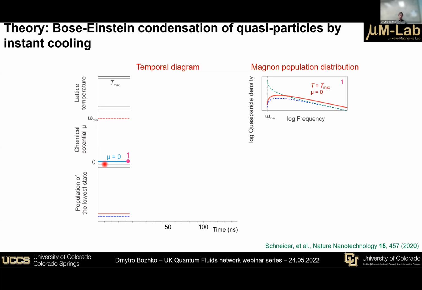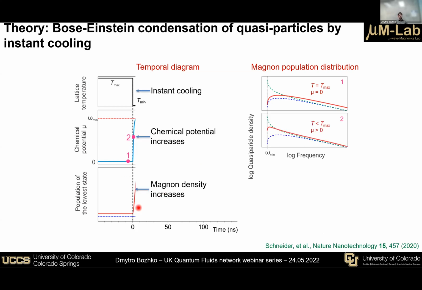So at the zero moment of time and during the stable temperature period, the chemical potential equals 0. But then we start to turn off the heating, and actually in the model we do instantaneous cooling.